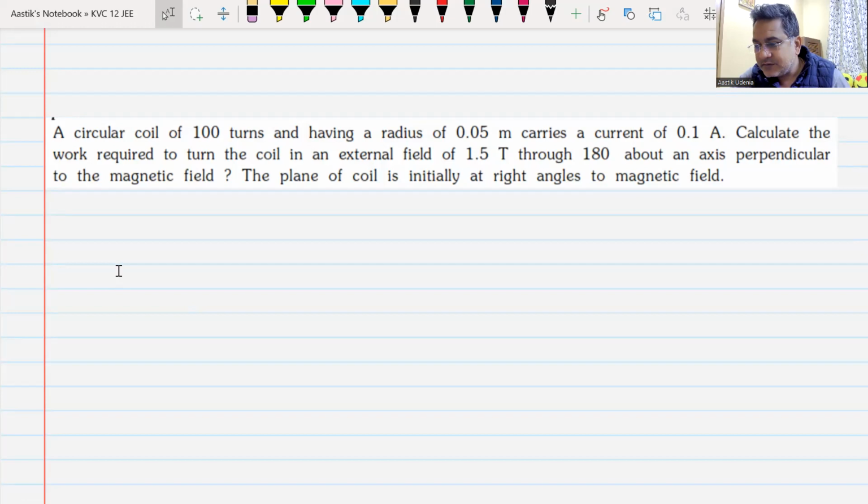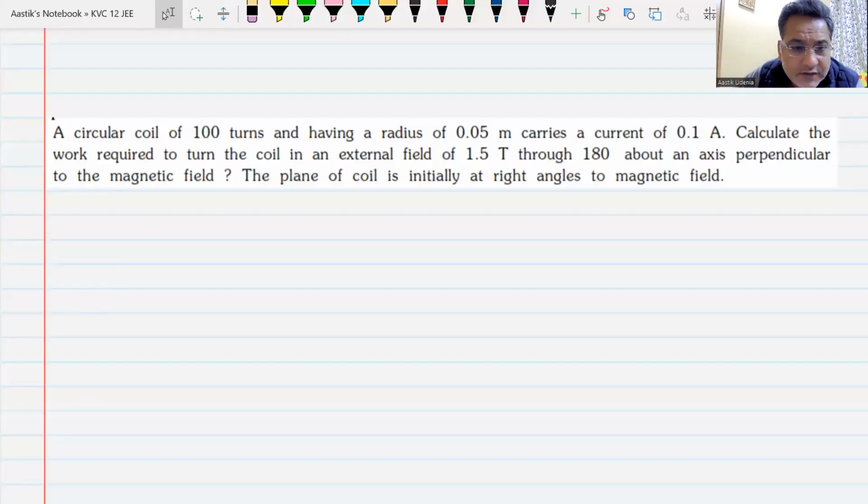Calculate the work required to turn the coil in an external field of 1.5 Tesla through 180 degrees about an axis perpendicular to the magnetic field. The coil is initially at right angles to the field. And I have to turn it by 180 degrees. I'll give you 2 minutes to think about this.